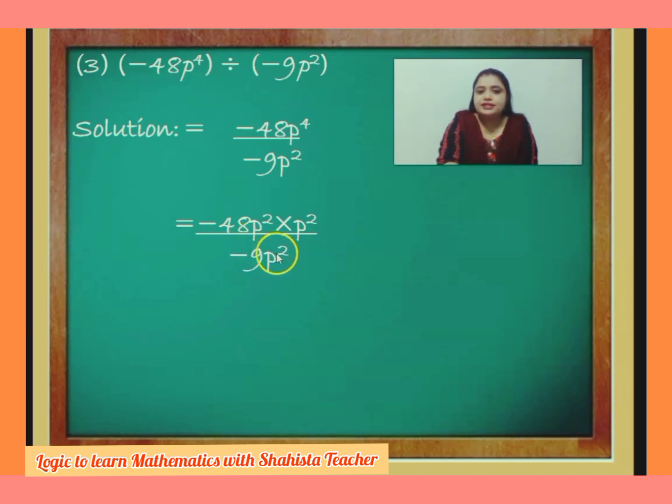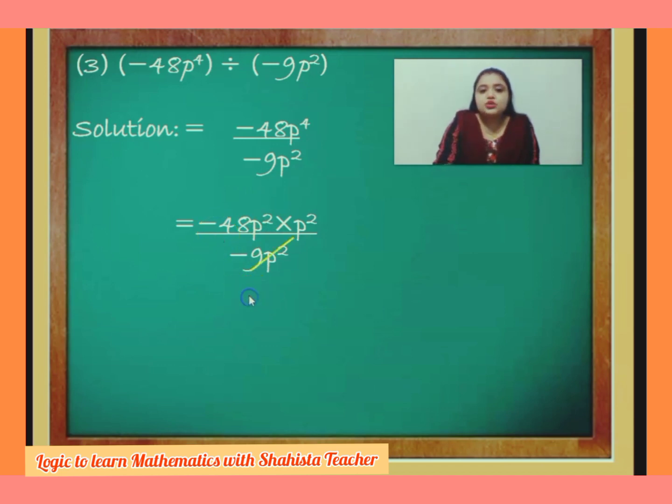Now we divide these two numbers. 3 threes are 9 and 3 sixteens are 48, so both numbers get divided by 3.